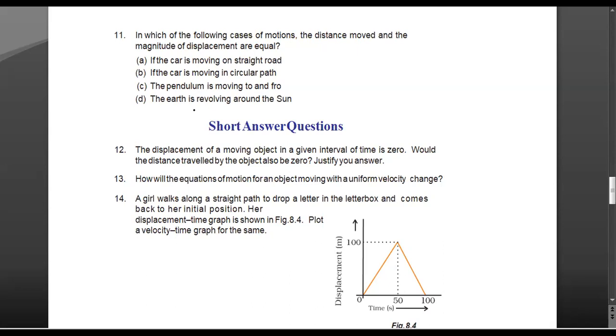I have given you the examples: if the car is moving on a straight road, if the car is moving in a circular path, if the pendulum is moving to and fro, the earth is revolving around the sun. A, if an object is moving in a straight line.